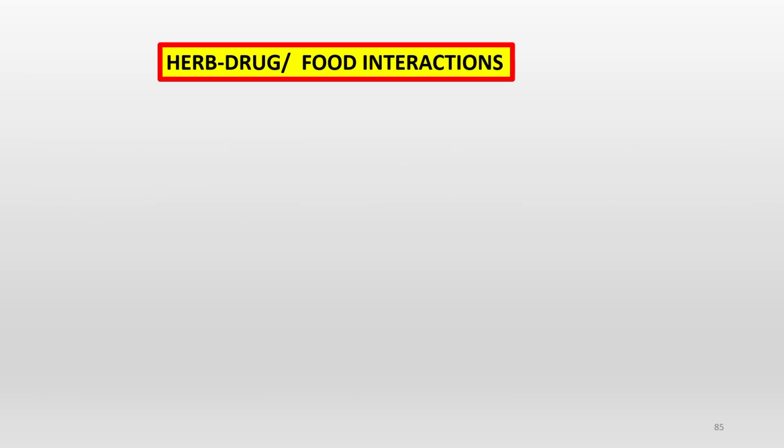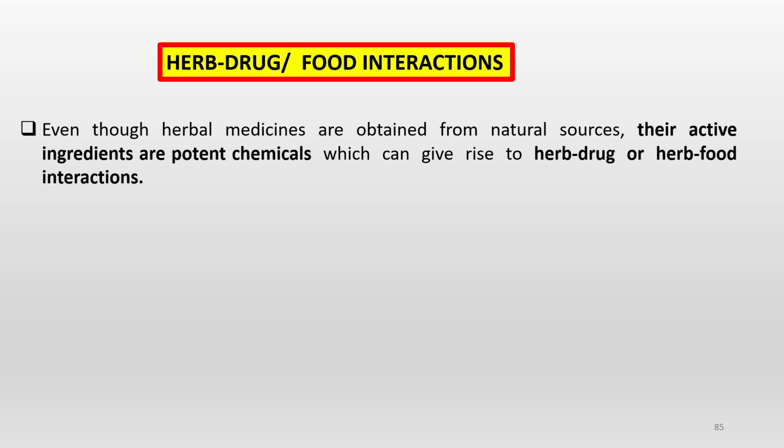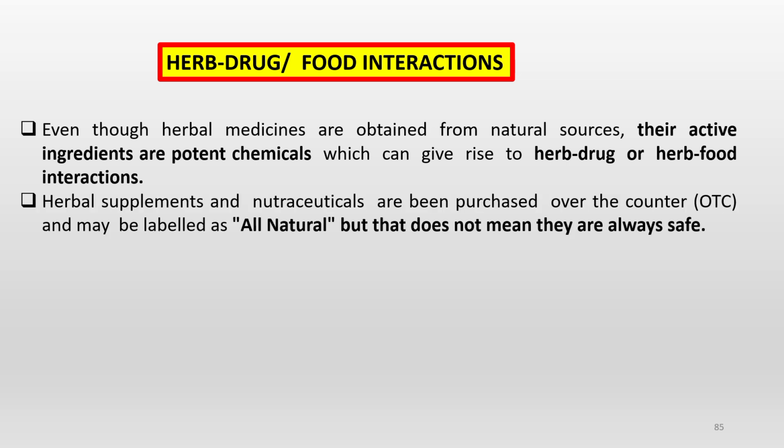Now, herbal drug and food interaction. Even though herbal medicines are obtained from natural sources, their active ingredients are potent chemicals which can give rise to herb-drug and herb-food interactions. So we cannot say they do not have any interaction or side effect. They are also very potent chemicals, naturally available.